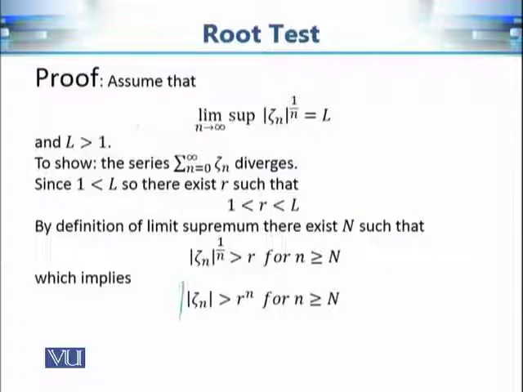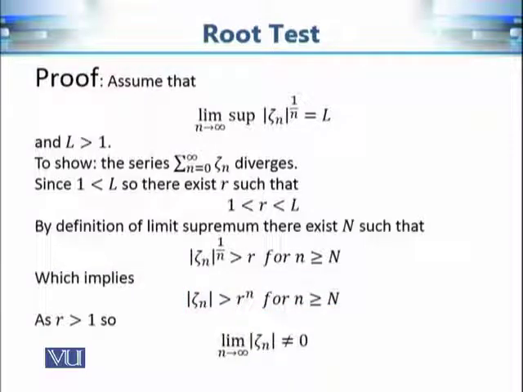Now this implies, by taking the powers of both sides, that the modulus of zeta n should be strictly greater than r raised to power n, and of course r is bigger than 1. So this implies that the limit of this sequence cannot be equal to 0, because all of the terms for infinitely many n, after this capital N, are bigger than r raised to power n, and r is greater than 1, so r raised to power n is going to be a number which is much bigger than 1.